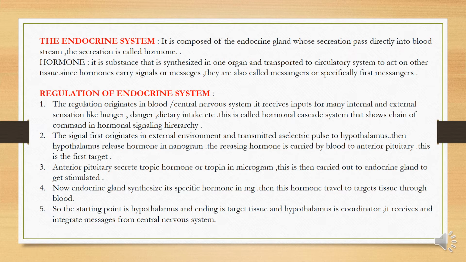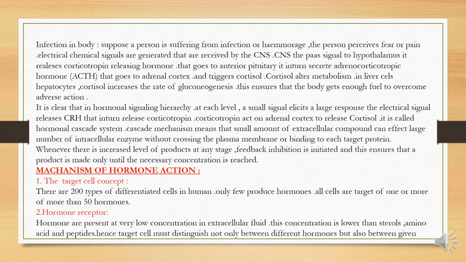It receives integrated messages from the central nervous system. Infections in the body: suppose a person is suffering from an infection or hemorrhage. The person perceives fear or pain. Electrical and chemical signals are generated that are received by the CNS. The CNS passes the signal to the hypothalamus. It releases corticotropin releasing hormone that goes to the anterior pituitary.